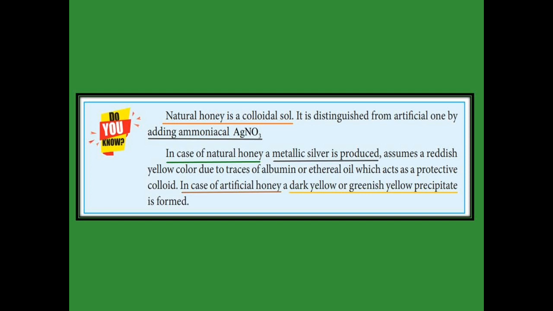Because of this albumin and ethereal oil, the metallic silver looks reddish yellow. But artificial honey, while adding ammoniacal silver nitrate, produces a dark yellow or greenish yellow precipitate. From that, we can find out whether it is artificial honey or natural honey.